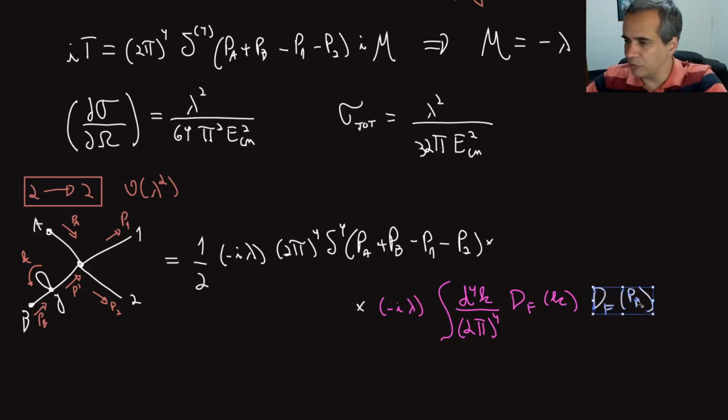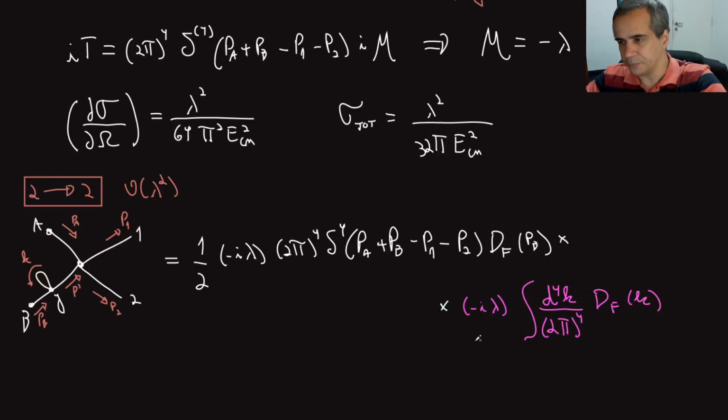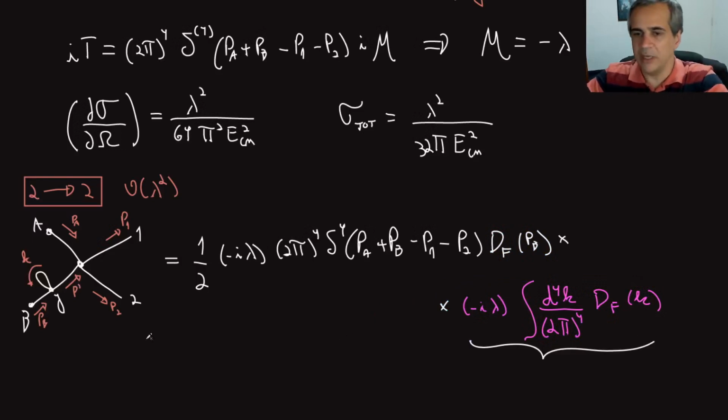This can go out of the integral because it does not depend on k, right? The momentum conservation does not imply any relation between this p prime and k, right? And this piece right here is actually a part of the 1PI function for the propagator of the scalar theory.